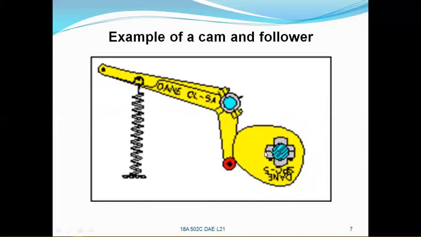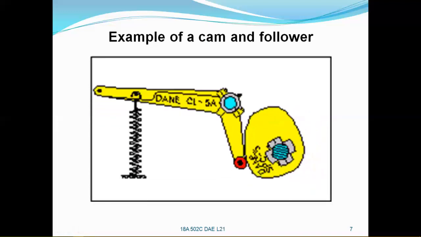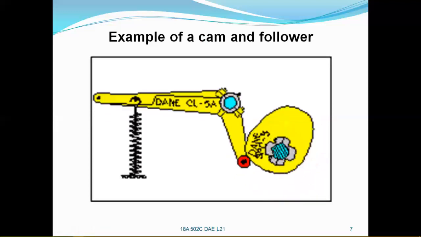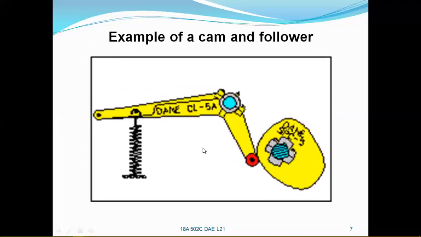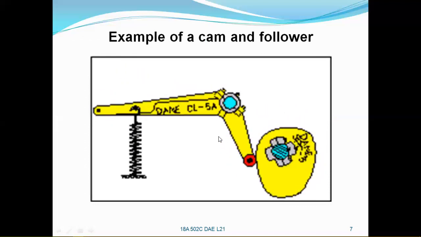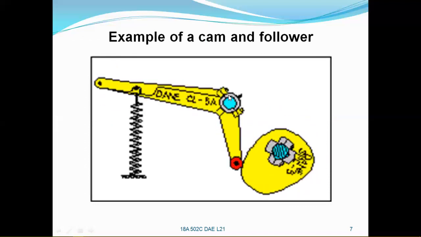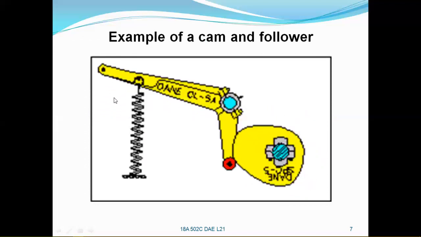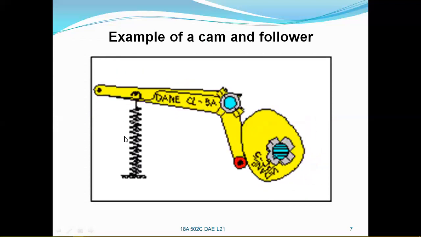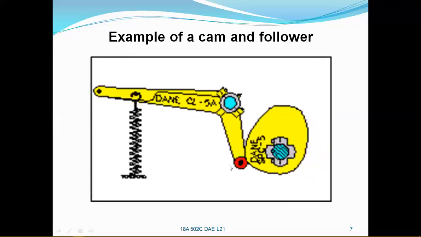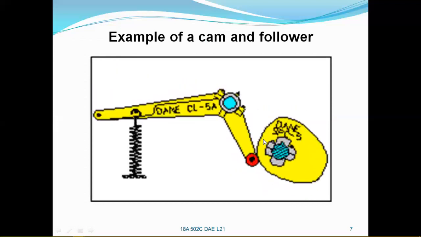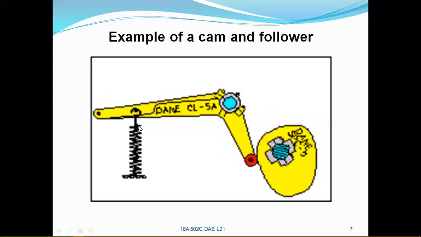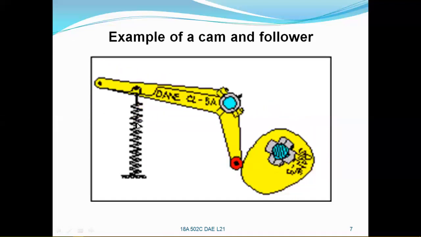rotating disc cam, and at this point it is having oscillating motion. Due to this oscillating motion, the arm, which is pivoted at this point, is once again having oscillating motion, and this follower always remains in contact with the cam due to the spring force.